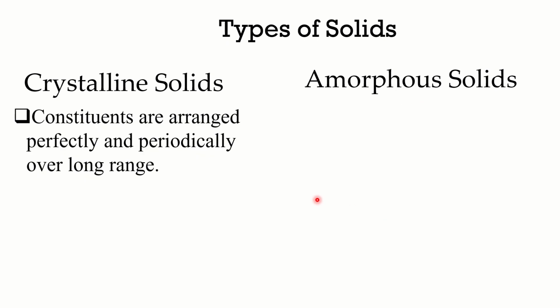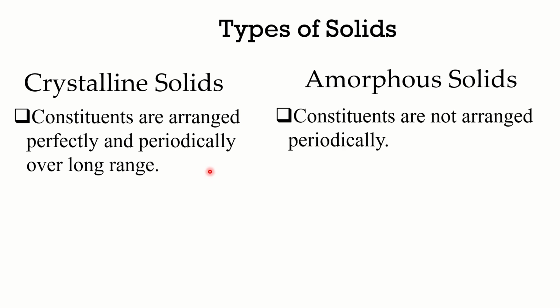Let's see the basic difference between crystalline solids and amorphous solids. Constituents are arranged perfectly and periodically over long range in a crystalline solid, and in an amorphous solid the constituents are not arranged periodically, which we have seen in the last figure.